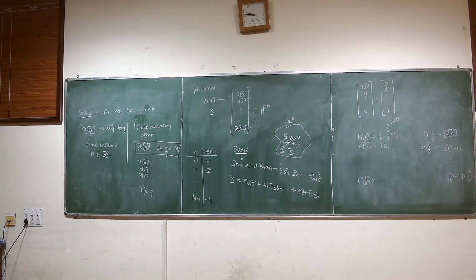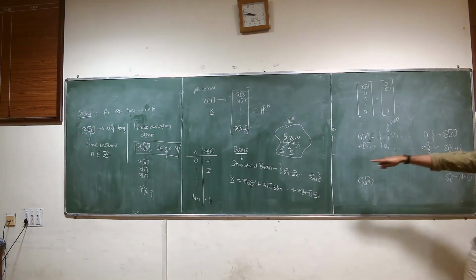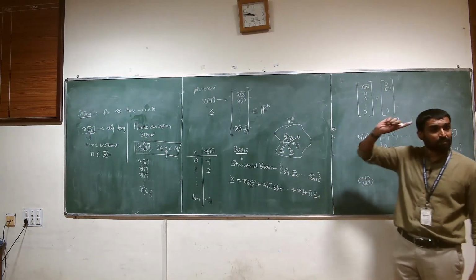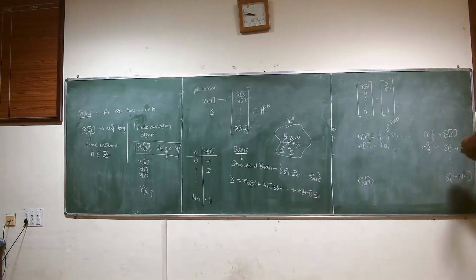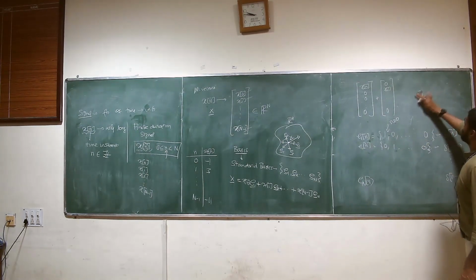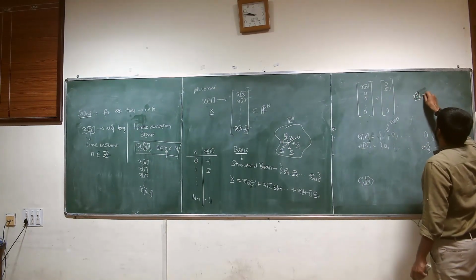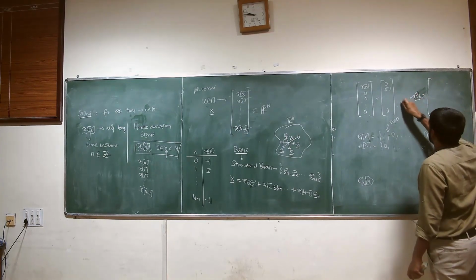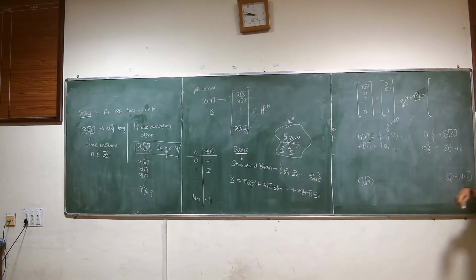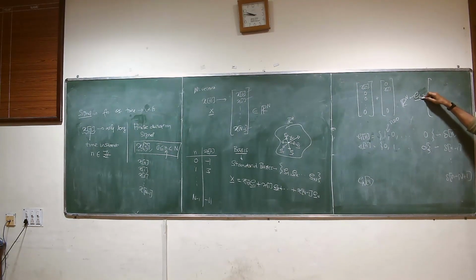You remember unit vectors from the very first lecture? What is the unit vector Ei? Let's say this is from Rn. All elements are 0 except for the ith value, and the ith value is 1.